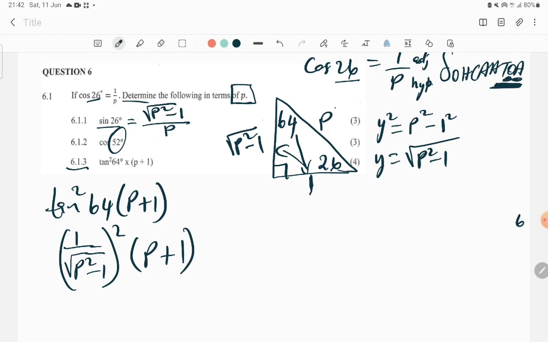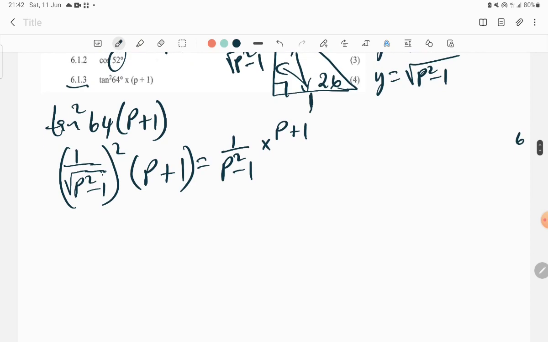So we can always make things simpler. Now what are we having? We have 1 over p squared minus 1. Yeah, because when you square this one, the square root goes away, and you'll be left with the discriminant. Now this is what we have, times p plus 1. But you can see that it's not simple because the denominator can be factorized.